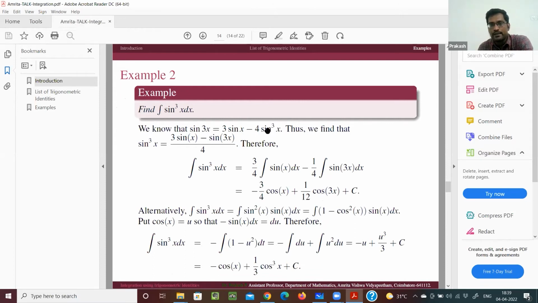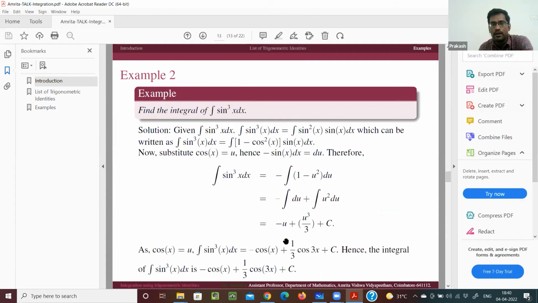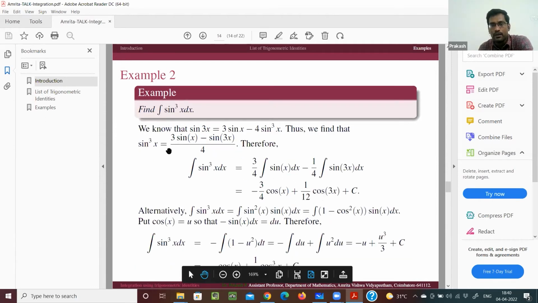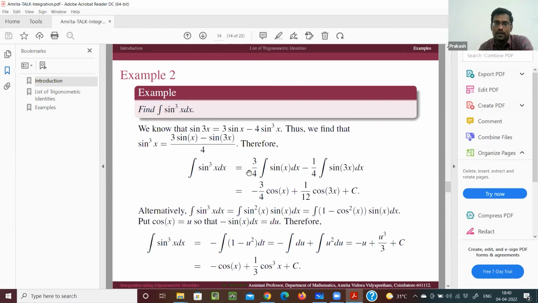So from this we can identify sine cube x. Sine cube x is nothing but 3 sine x minus sine 3x by 4. So we just need to substitute, and we know the integral satisfies linearity. That we are using here. So within one step we are getting the answer. So compared to this one, this evaluation is very simple when you know the sine 3x identity.